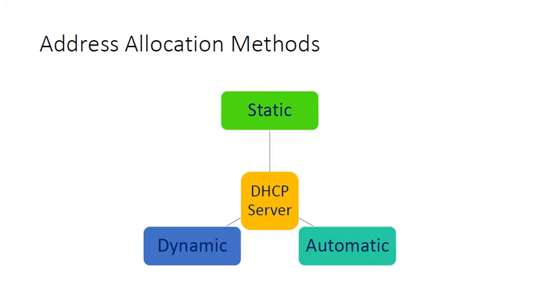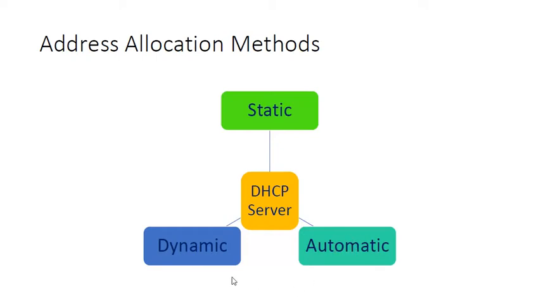In the case of automatic allocation, it is performed in a similar way to dynamic allocation, where the administrator configures the range of IP addresses on the DHCP server, and based on that the DHCP server assigns the IP configurations to each of the clients based on the request.